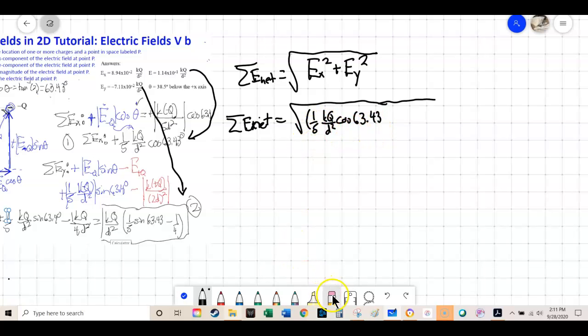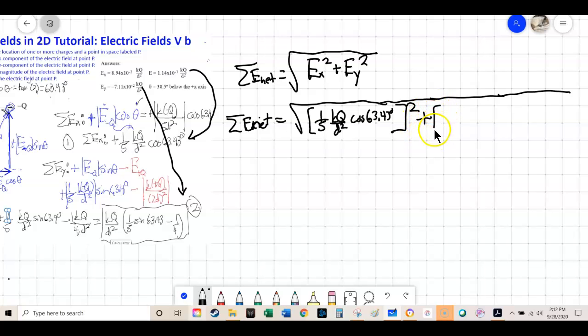actually let's erase this a little bit, let's make this bigger looking. So the x direction, I'm going to put it in brackets, it's going to be 1/5 kq over d squared cosine of 63.43 degrees, squared, plus brackets.